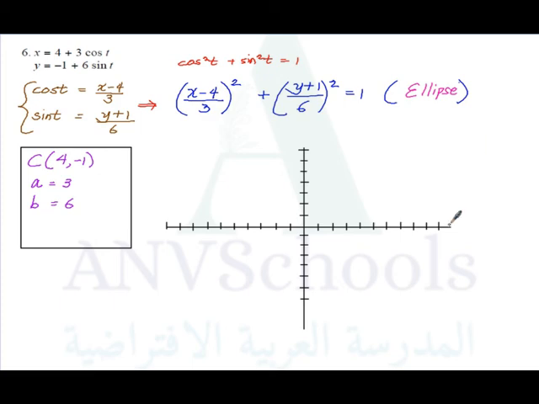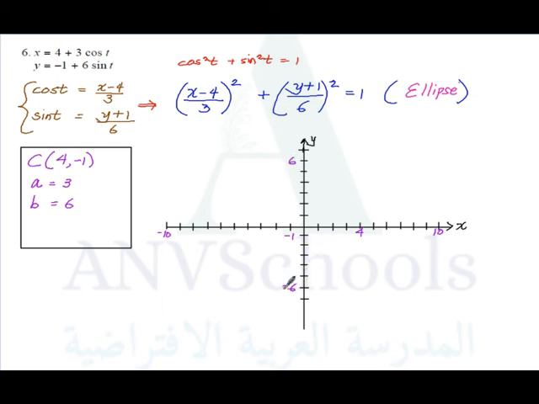This is of course our x-axis, and this is our y-axis. Let's label the scales. So this is 4, this is -1, this is 10, this is -10, this is 6, this is -6.